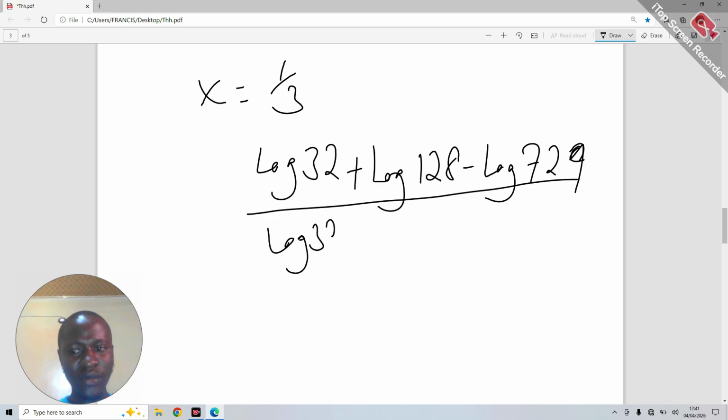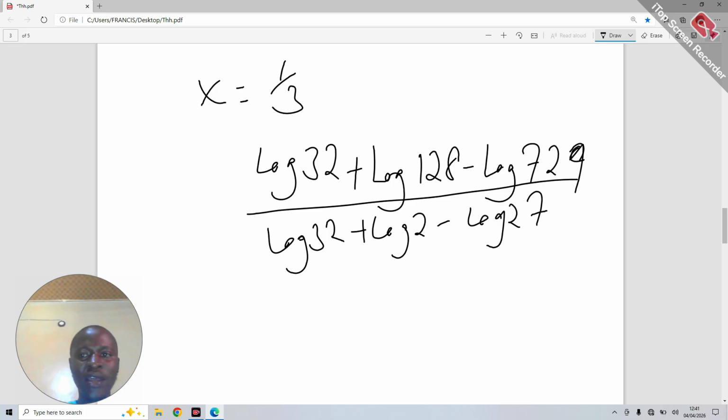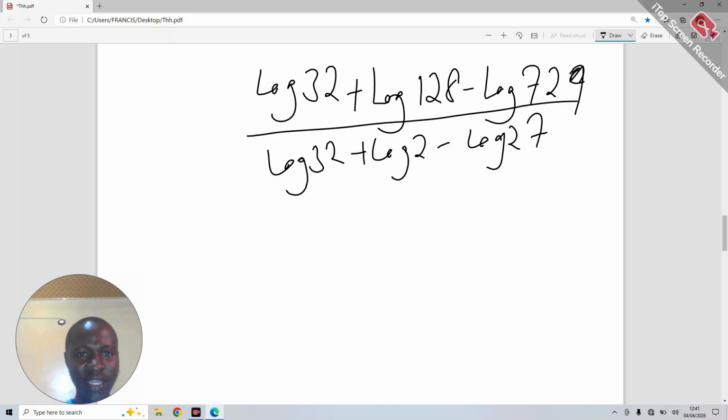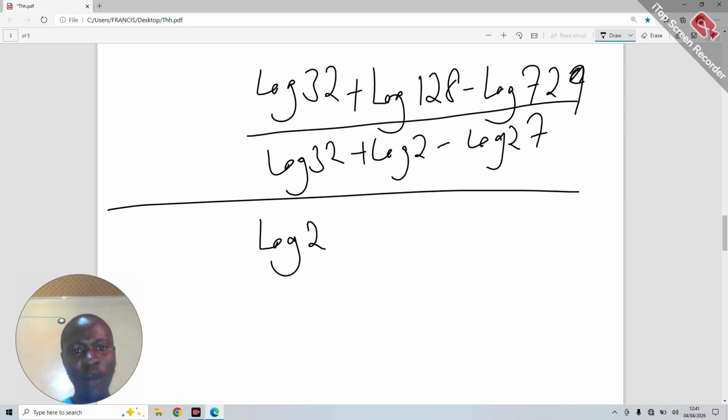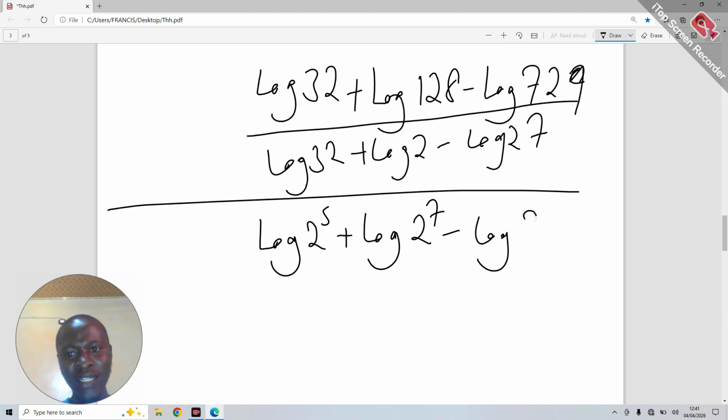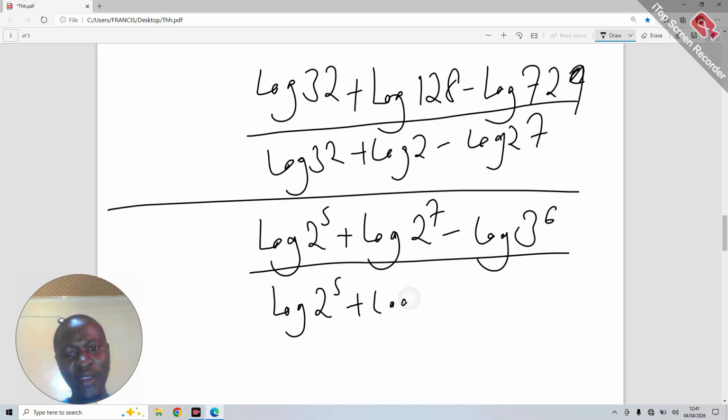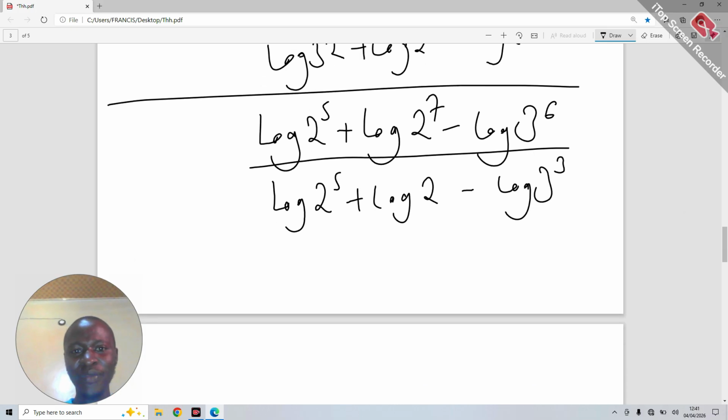All over log 32 plus log 2 minus log 27. You will see them rewriting this as log 2 power 5 plus log 2 power 7 minus log 3 power 6, all over log 2 power 5 plus log 2 minus log 3 power 3.